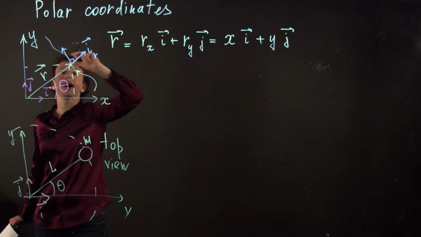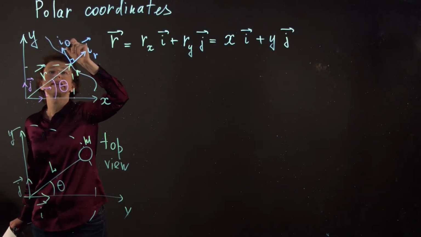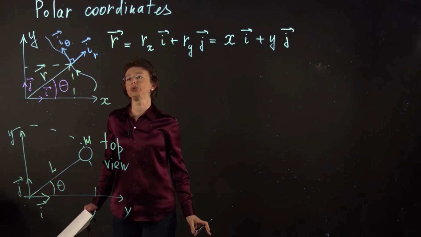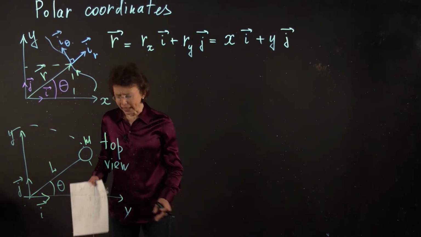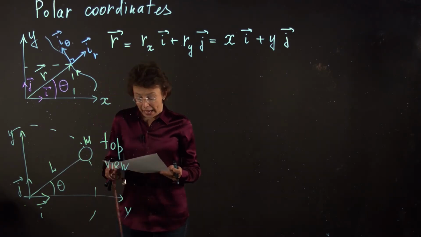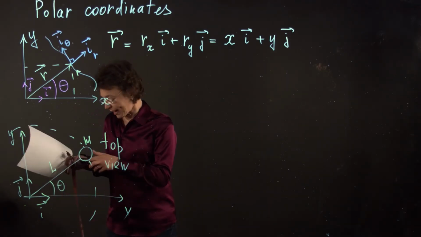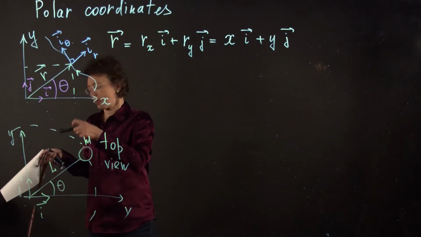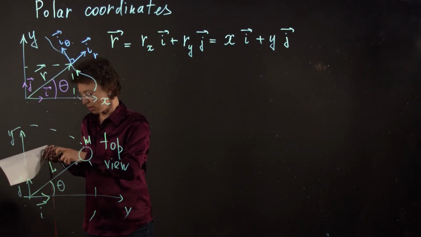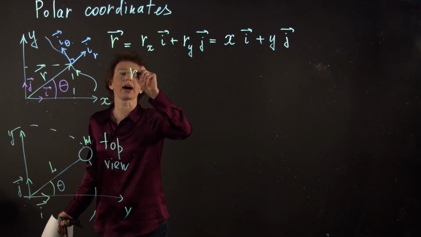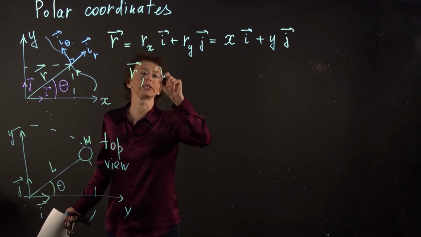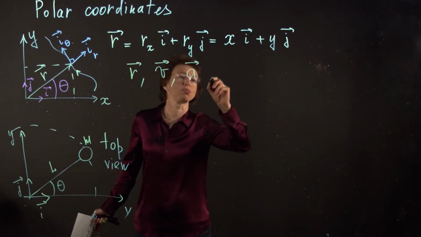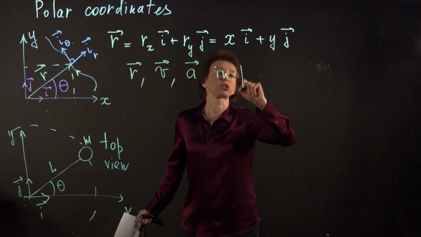This is i_r, and this is i_theta. These are my new unit vectors. And the next question is how to express r, which is the position of the object, the velocity of the object, and the acceleration of the object in polar coordinates.